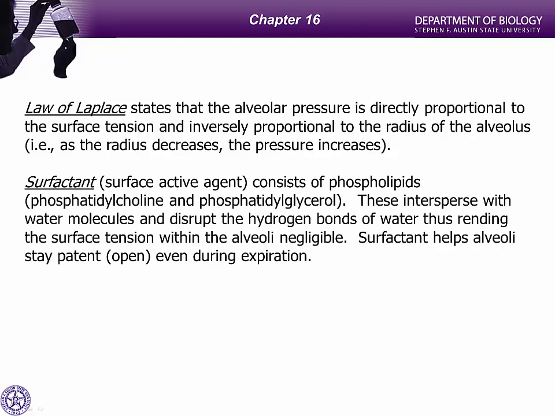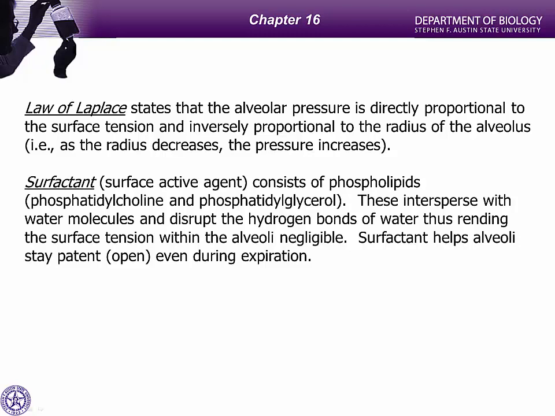Well, thankfully, we have surfactant. And again, surfactant is a phospholipid mixture produced by the type 2 pneumocytes, primarily phosphatidylcholine and phosphatidylglycerol. But what these molecules do, remember we've got the charged group and the hydrophobic tails, they interact with water and essentially create shells around water molecules, with the hydrophobic tails pointing outside.